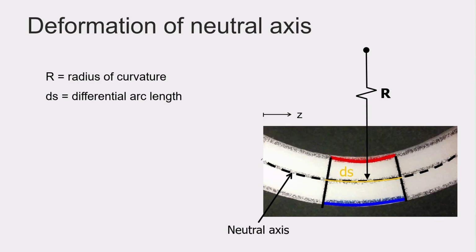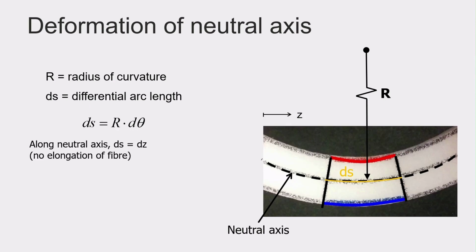Based on the fact that this is part of a circle, we can calculate the arc length ds using ds is equal to r times d theta, where d theta is the angle that this part of the circle is made of. This is one of the parts we need, but there's one more thing we have to use. This line is along the neutral axis where there's no elongation.